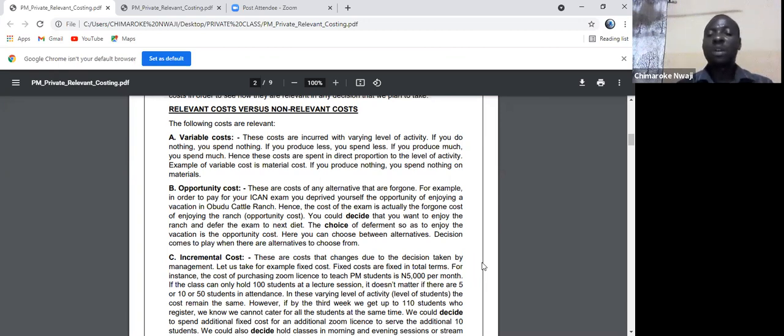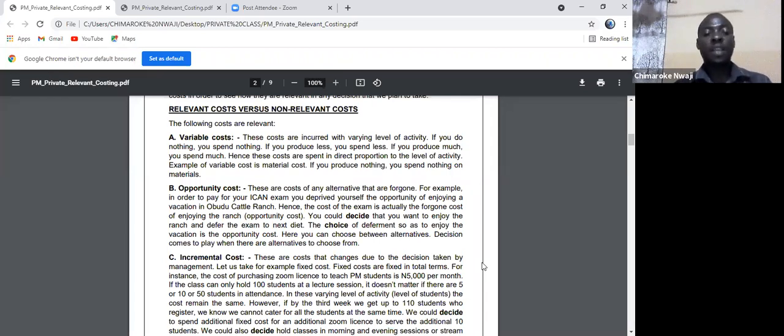No, because there was an alternative that you ignored, that you cancelled. That cost of going to that vacation in Obudu Cattle Ranch is the opportunity cost of the examination.